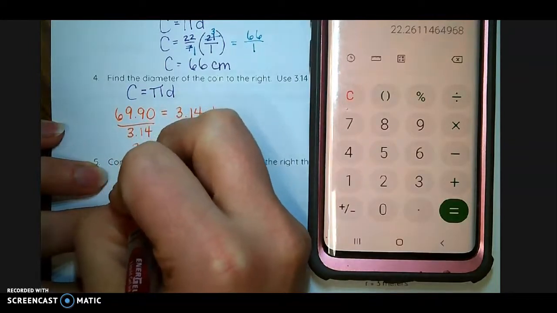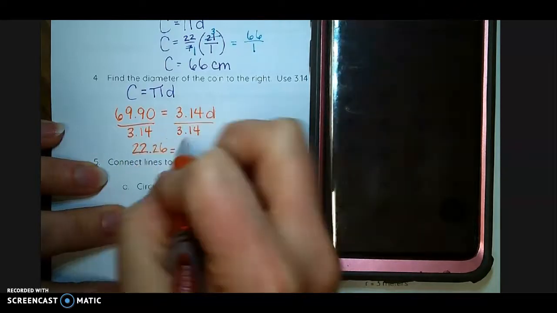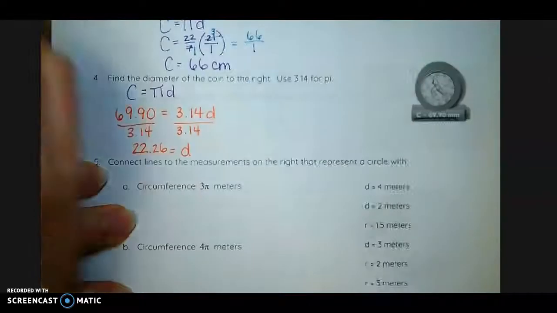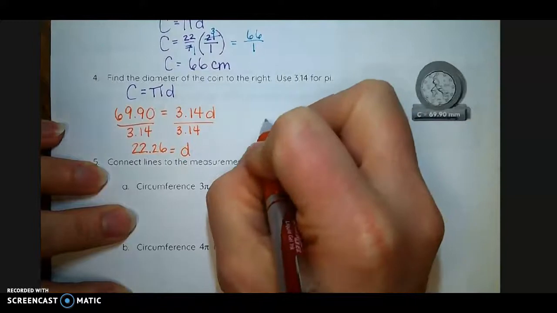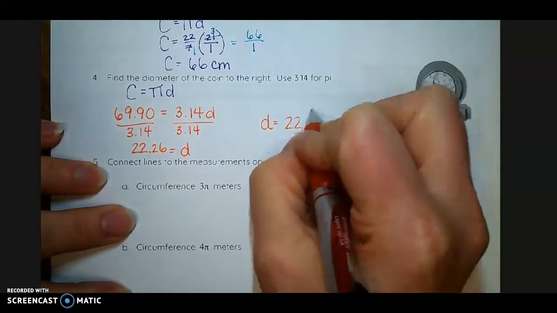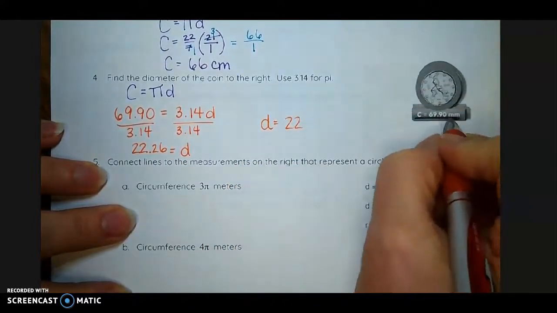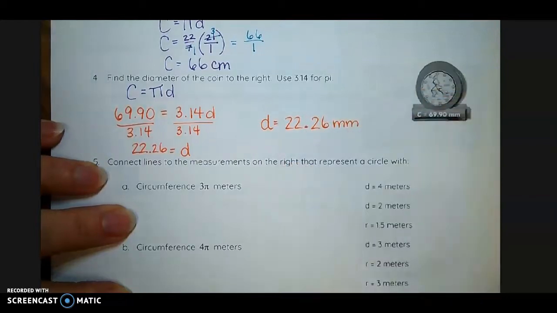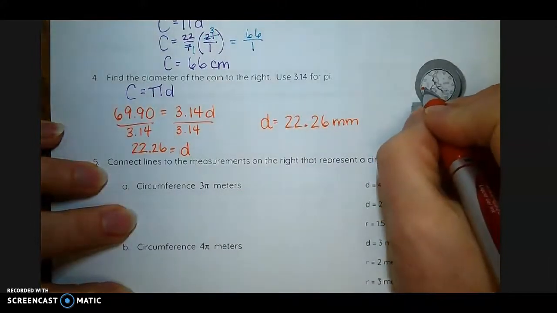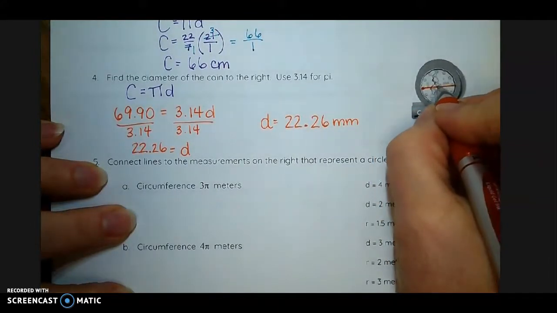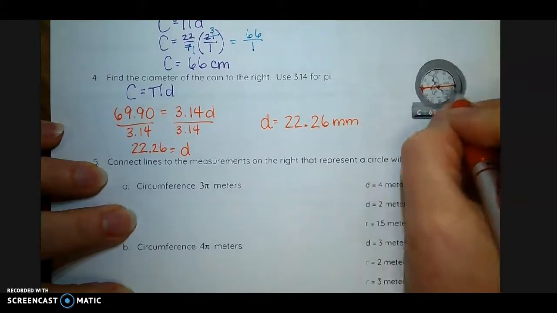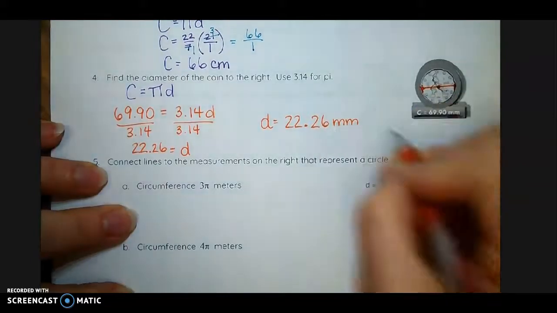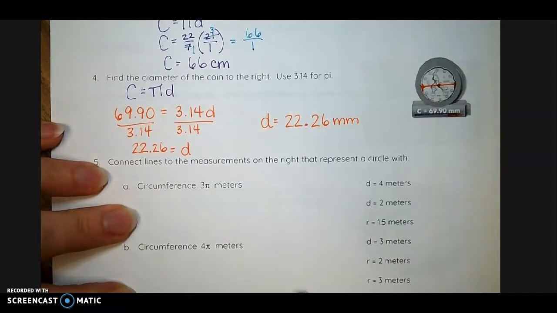So you would get 22.26, and I can give it a label because it was telling me it was in millimeters. So 22.26 millimeters must be the diameter of the coin. That means from here all the way across and through that middle point is 22.26 millimeters.